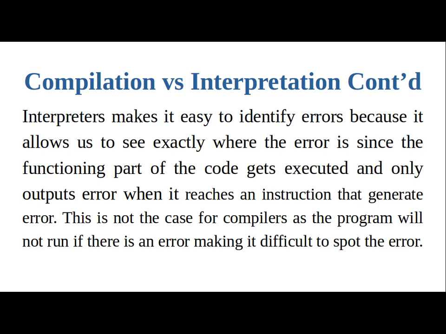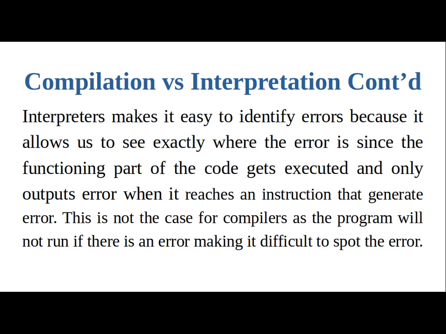So even if you have, let me say, 10 lines of code, and there's an error in line 4, you see the output of lines 1 to 3 first. It runs the first instruction, the second one, the third one, and you will see your output. But when it gets to the fourth one, it will show you the error. So this easily allows us to spot errors in our program.